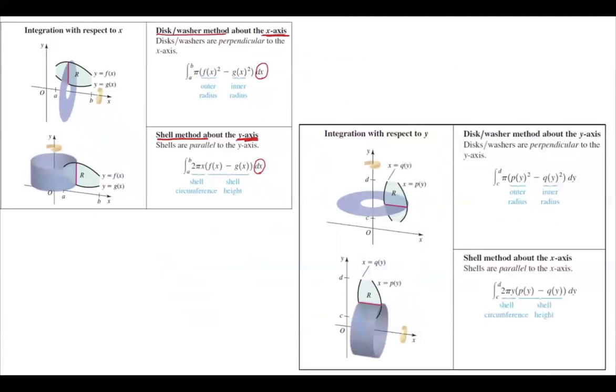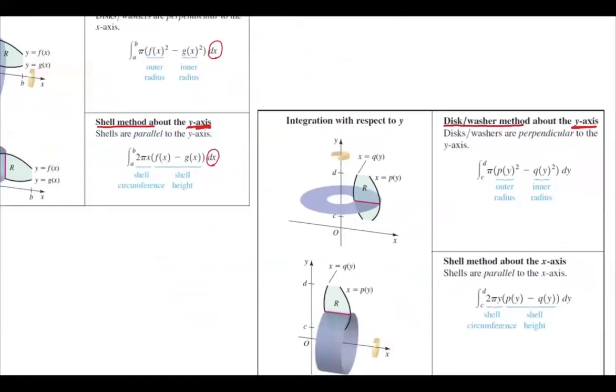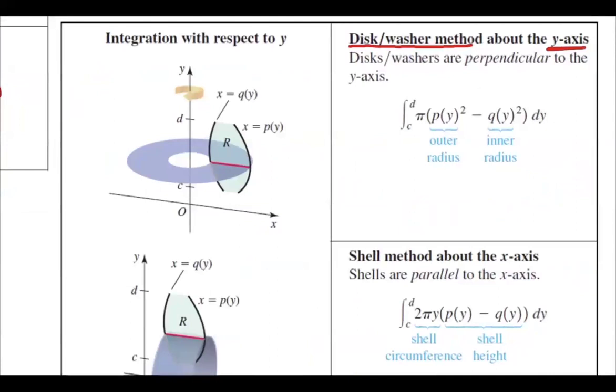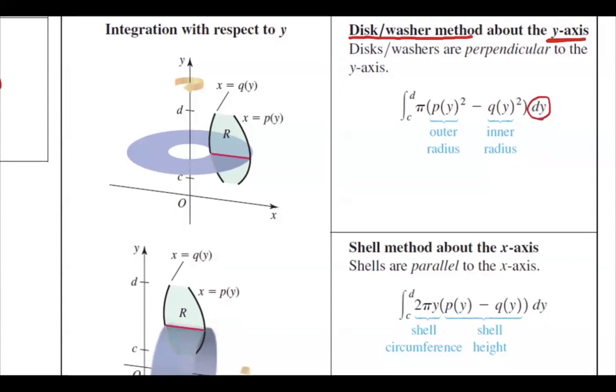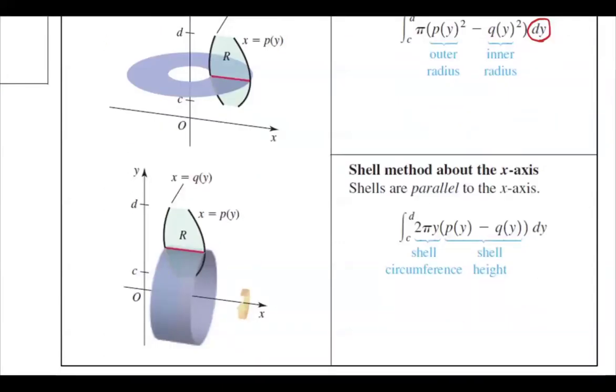In another case, when you're integrating with respect to y, for the disk or washer method, you're revolving about the y-axis, and the volume is with respect to y. The shell method about the x-axis gives you the exact same dy.